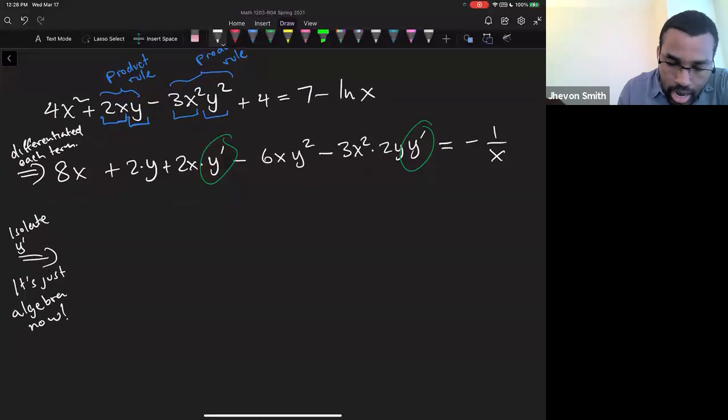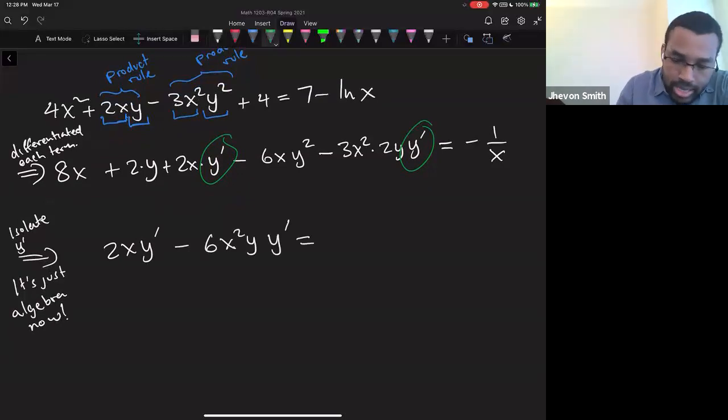So that's what I'm going to do. So here, I want to leave my 2xy prime minus my 6x squared y prime, right? So I've just isolated both of these y primes here. And now I'm going to bring everyone else to the other side. So I'm going to move over the 6xy squared.